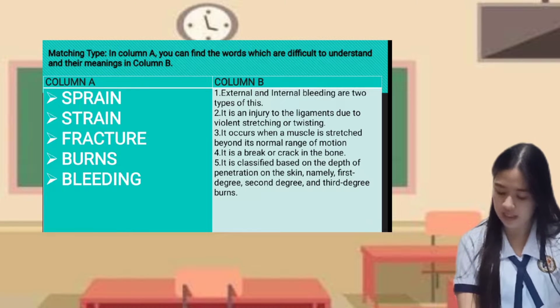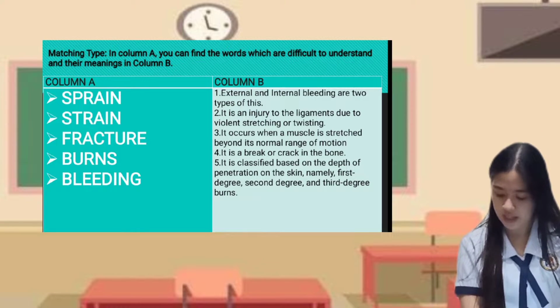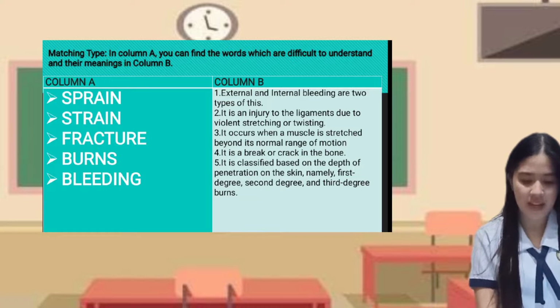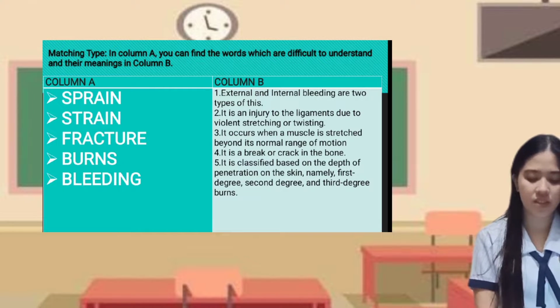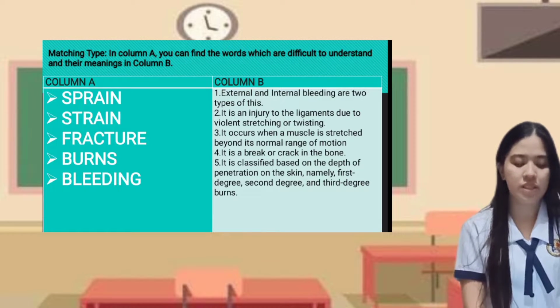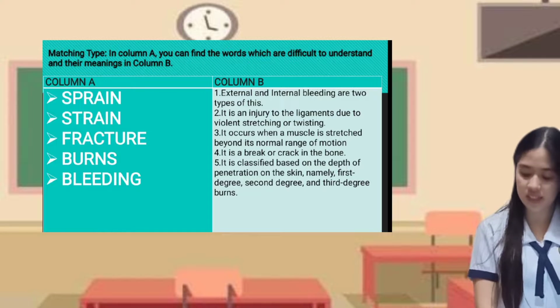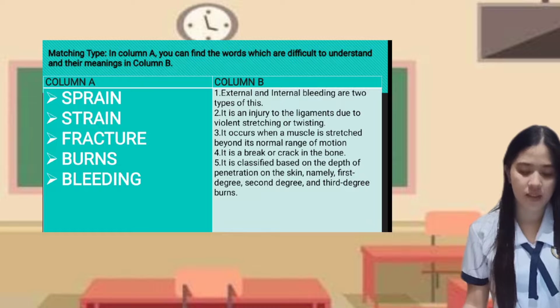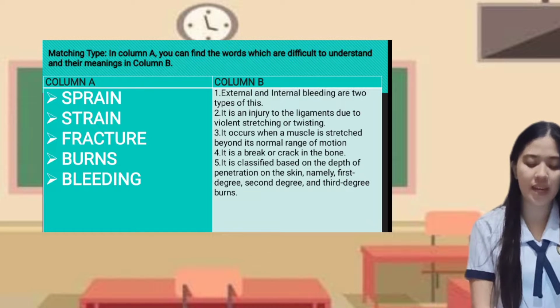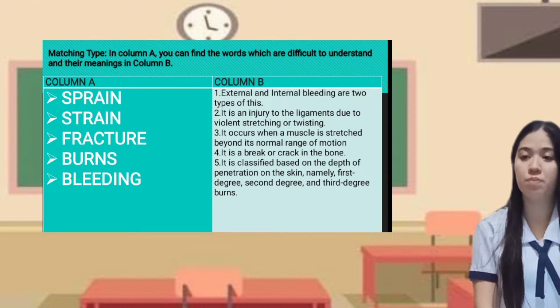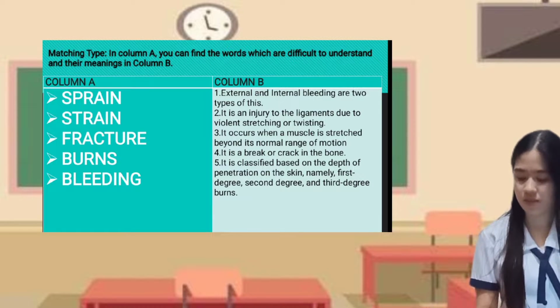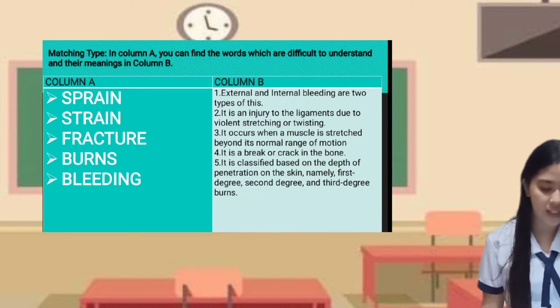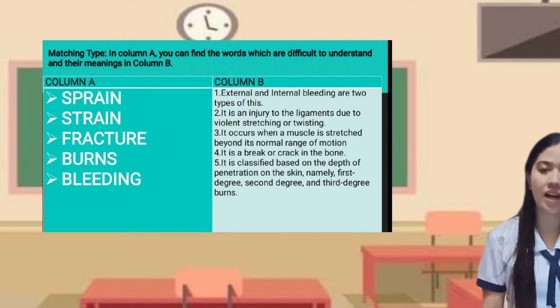Sprain is an injury to the ligaments due to violent stretching or twisting. Strain is what? It occurs when a muscle is stretched beyond its normal range of motion. Very good. And fracture is a break or crack in the bone.